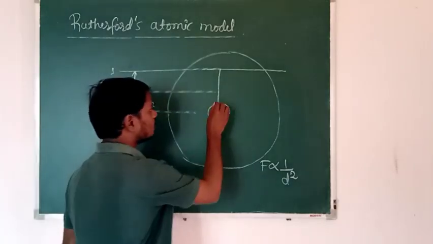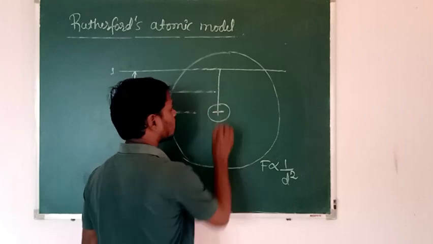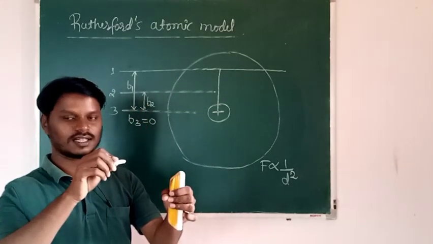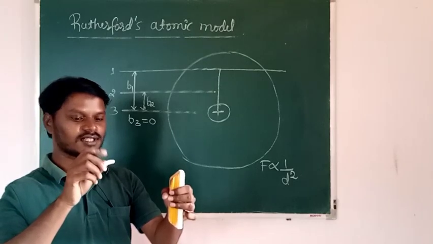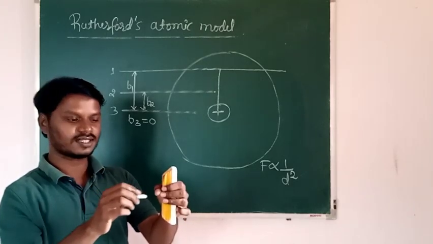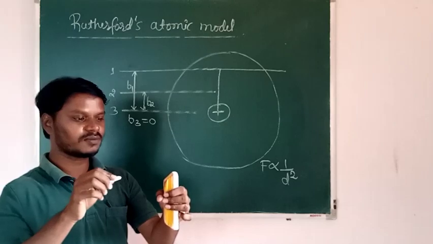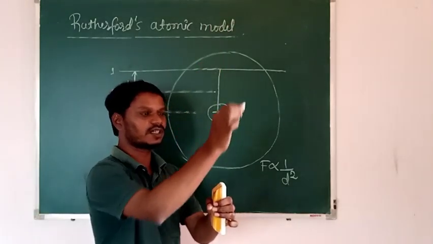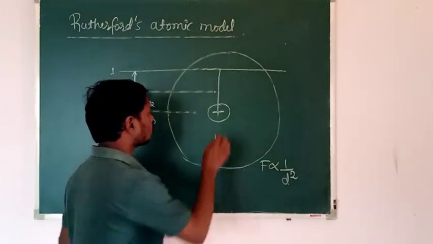When it comes near the nucleus, it experiences a repulsive force. Let us assume this is the nucleus and this is the alpha particle, somewhat near to the center of the nucleus. Then when it comes near, it experiences repulsive force, and this alpha particle is scattered with some angle.